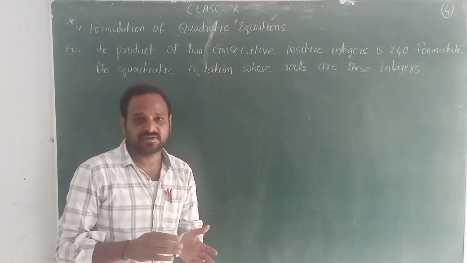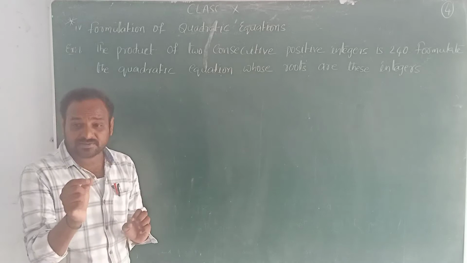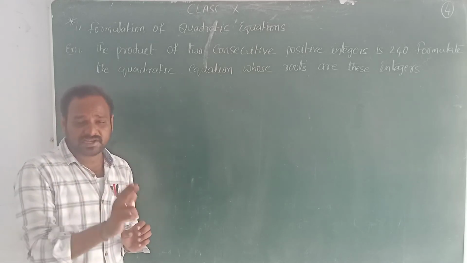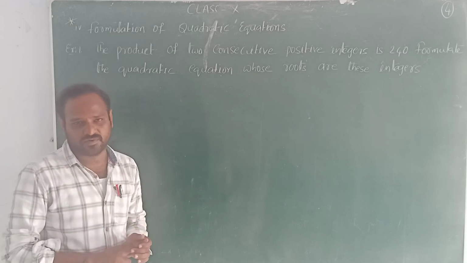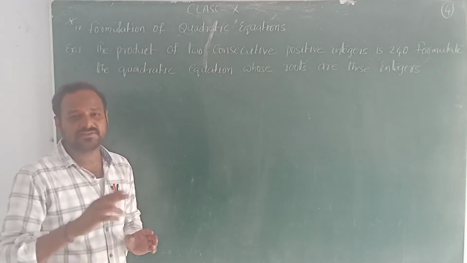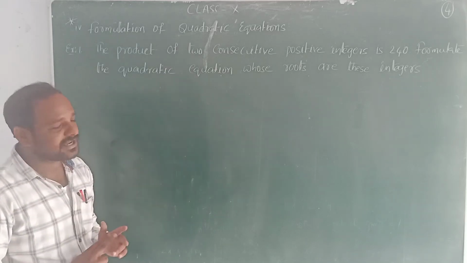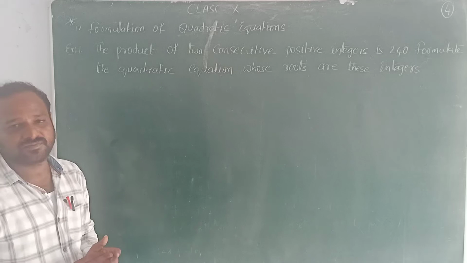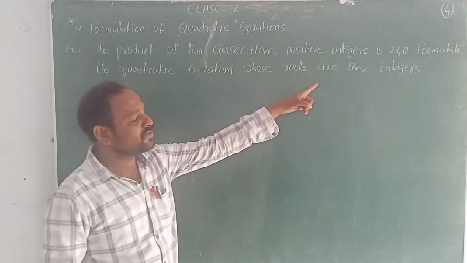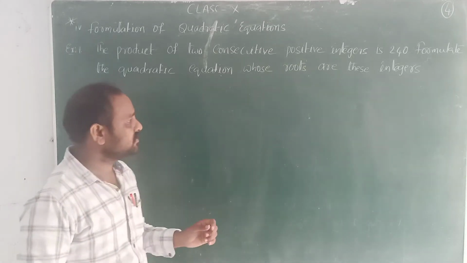For example, the consecutive number for 1 is 2, for 3 is 4, for 4 is 5. Like that, when we multiply two consecutive positive integers, the result is 240, as per the question.